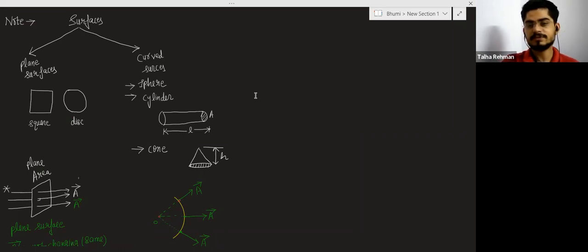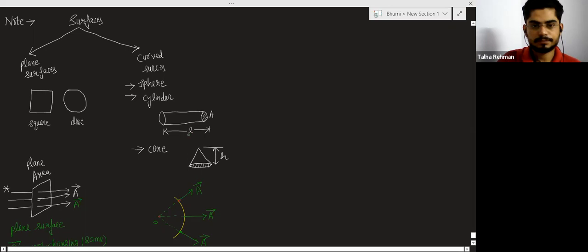And electric flux is one of the most important topics of electrostatics. These are curved surfaces, faces. Okay, I have written this wrong.